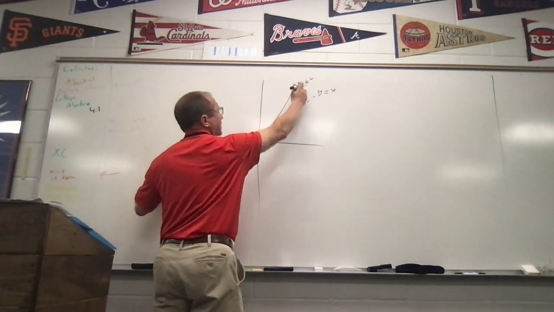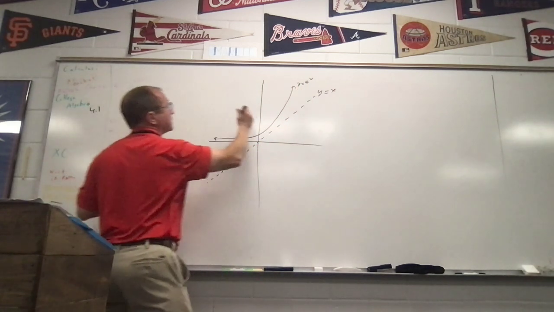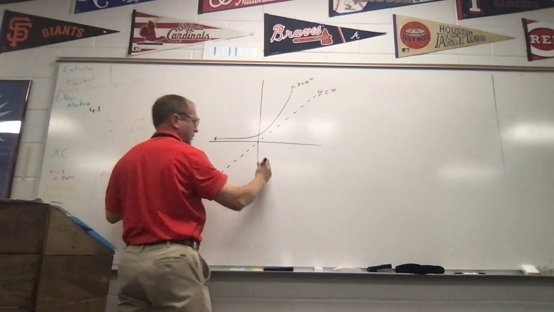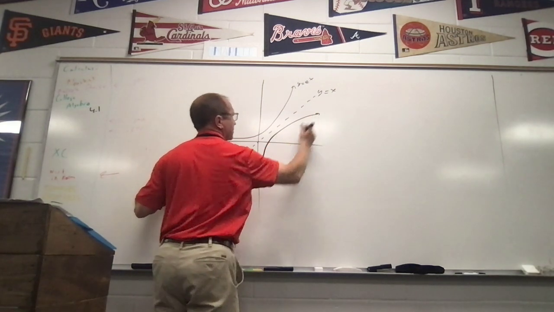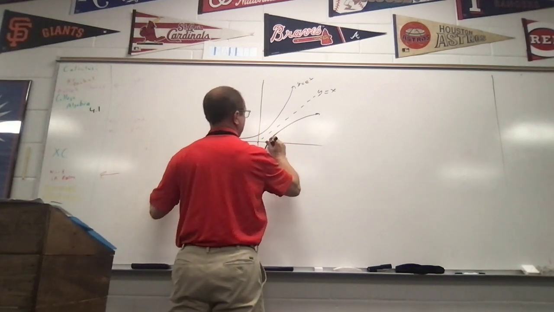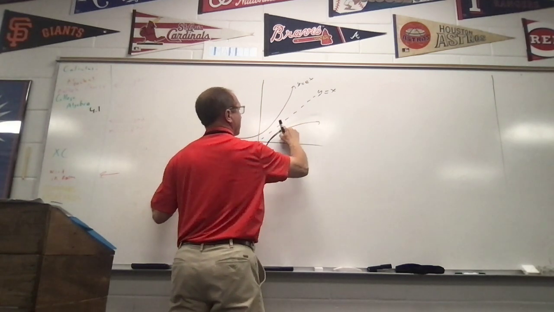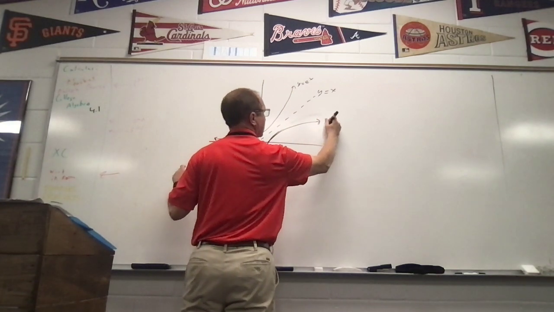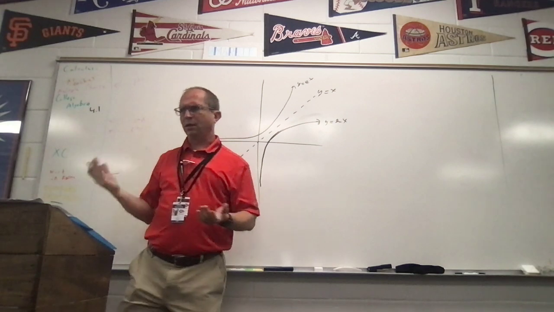The inverse of e to the x is the natural log of x. The natural log of x takes a little bit more of a shape like that. And you have that button on your calculator that says ln.